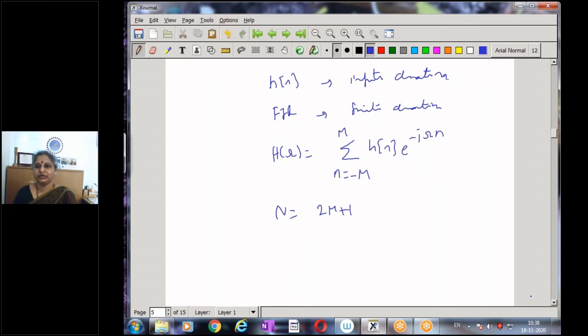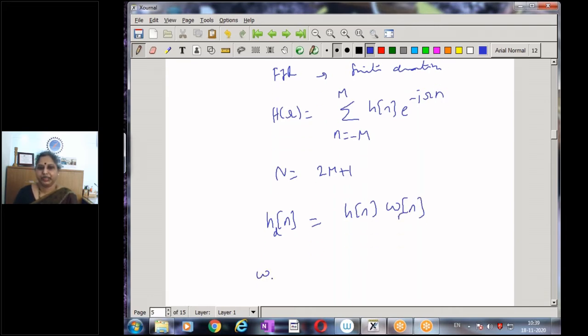And how does this happen? This is happening because I am actually multiplying my infinite duration impulse response, my designed filter, by a window function, say a rectangular window function, which is given by 1 for minus m less than or equal to n less than or equal to m and 0 otherwise.